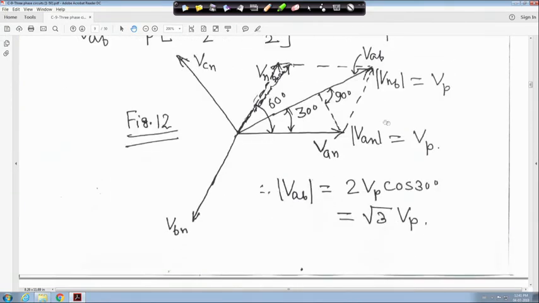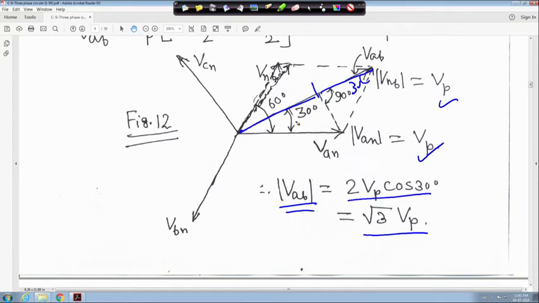Now if you take the projection, because this is VP and this is VP, basically it will be VP cos 30 degrees, and this is also 30 degrees. So from here to here VP cos 30, and from here to here also VP cos 30. So it will be 2 VP cos 30, that is, the magnitude of VAB will be root 3 VP, and this angle is 30 degrees, right?